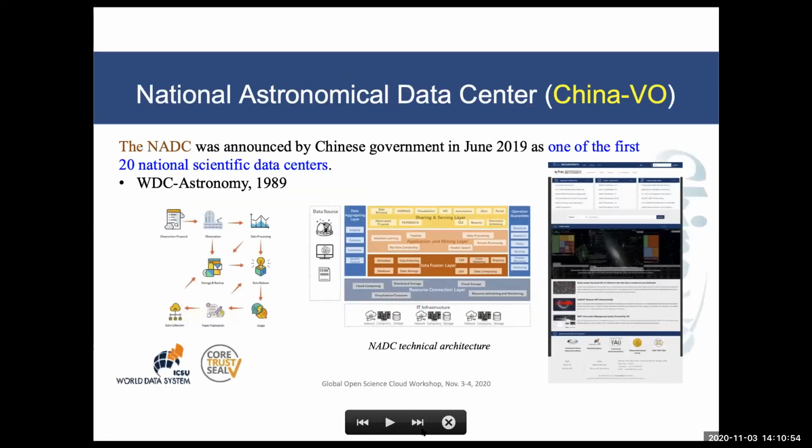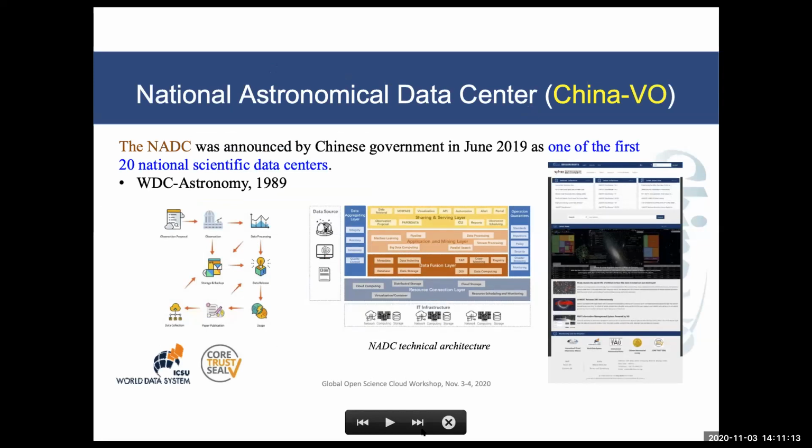This is from the China VO, Chinese Virtual Observatory. Now the official name is National Astronomical Data Center. The NADC was announced by the Chinese government last year as one of the first 20 national scientific data centers.